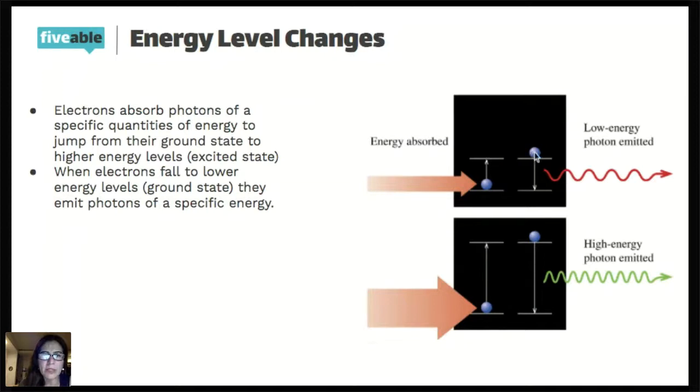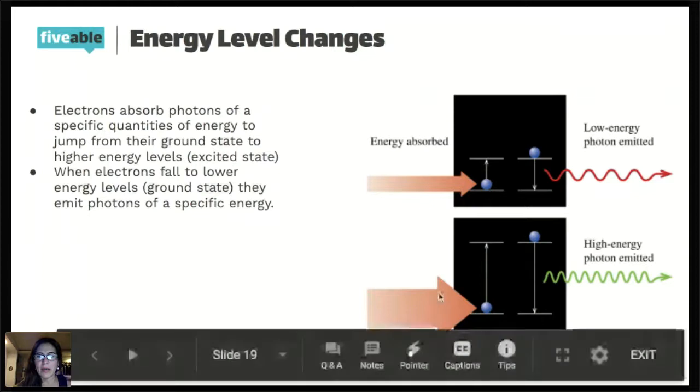But electrons want to be comfortable, want to go back home. So they will jump back down to the ground state. And when they do that, they will emit photons of a certain energy. So if we measure that energy, we can determine how many levels the electron jumped back down.